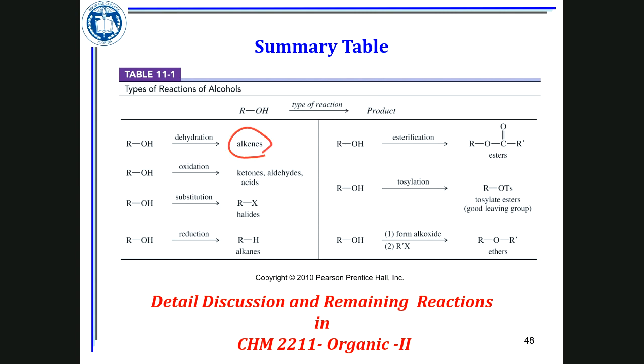You can oxidize to get aldehyde or ketone. You can do substitutions to get alkyl halide. The reagents are not introduced here. It's just a summary of the reactions. You can reduce to alkane. You can do esterification, tosylation, or formation of ether.